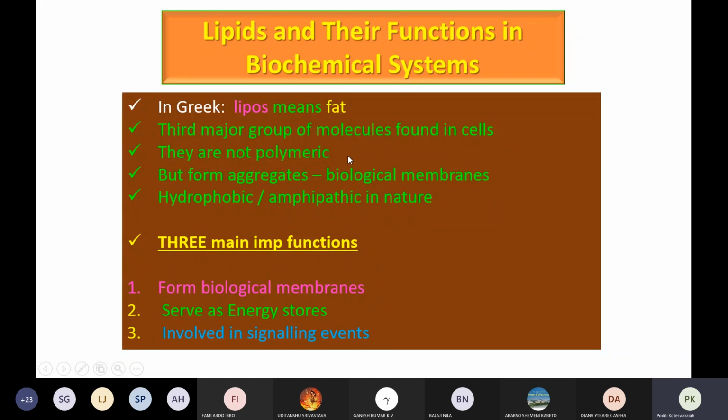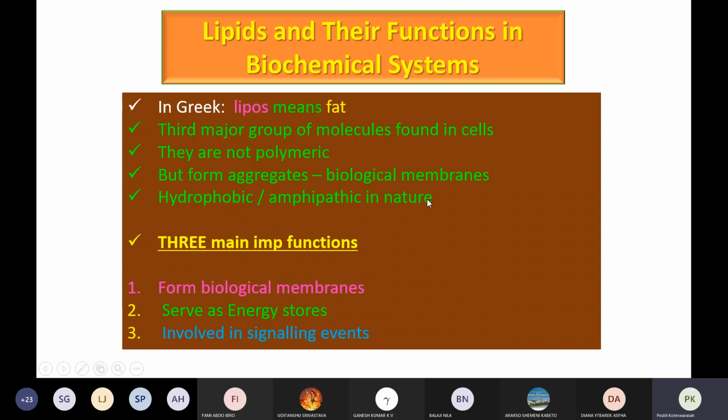And lipids are not polymeric like the polysaccharides and the proteins, because proteins are built with many amino acid residues, whereas polysaccharides are built with many monomeric sugars. But lipids are not polymeric in nature, though they can form various aggregates like biological membranes, micelles, the liposomes, and so on.